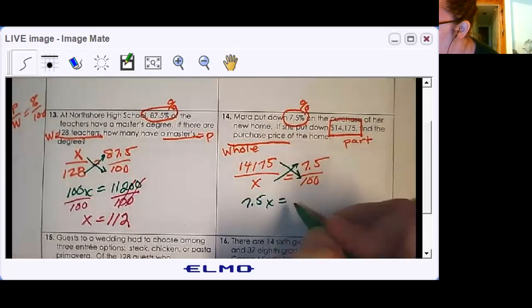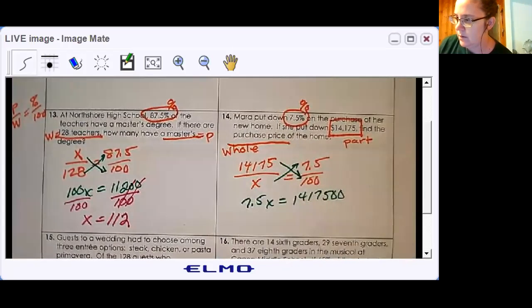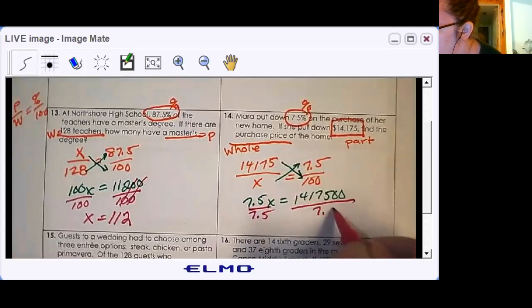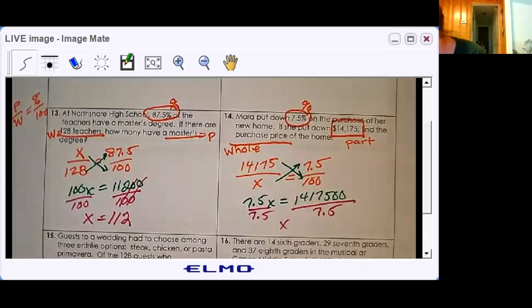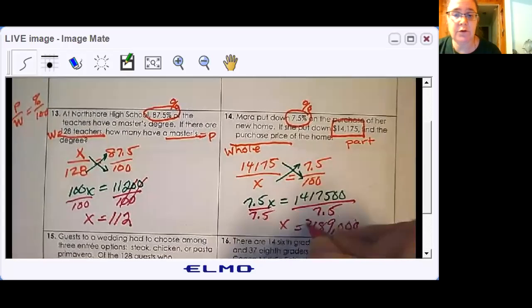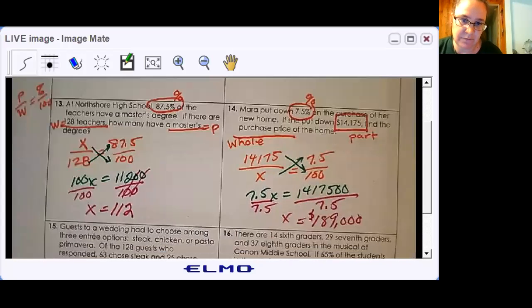So that's 14175 with two zeros. Now I'm going to divide by 7.5, because I want to know the cost of her house, not 7.5 times the cost of her house. And I get that her house cost $189,000, which is pretty reasonable for the cost of a house, depending on where you live.